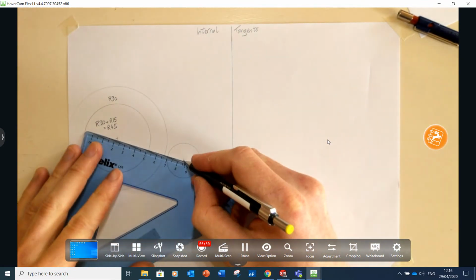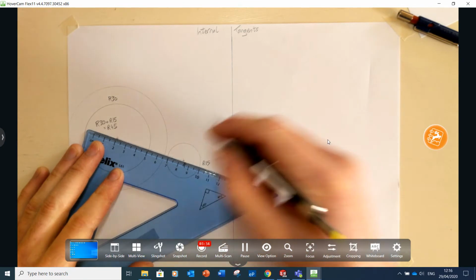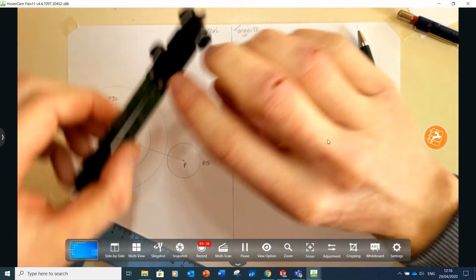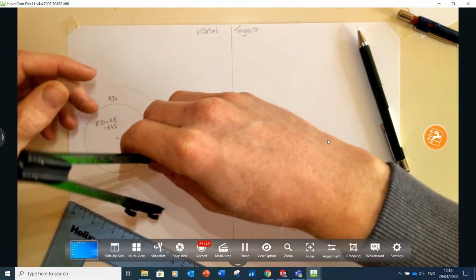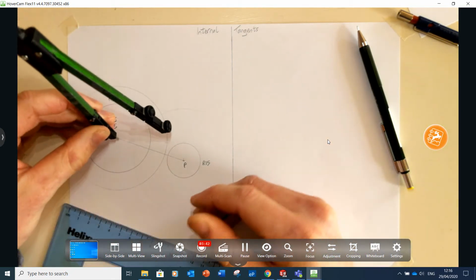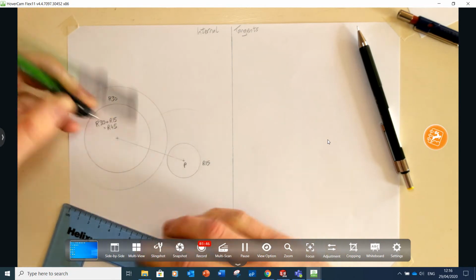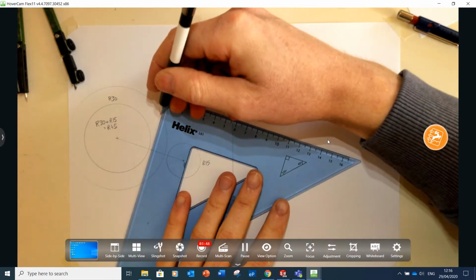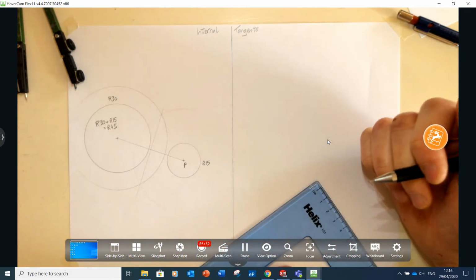We would start off by joining P to the centre of the circle. We would then bisect that line. Right, so there's my bisector.